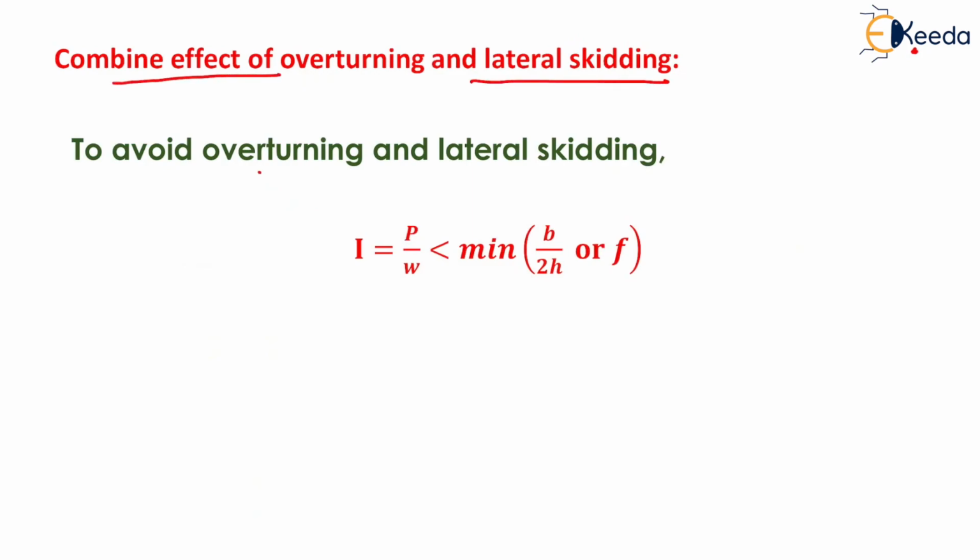To avoid overturning and lateral skidding, we derived the condition before, that is P by W should be less than B by 2H or small f, that is the coefficient of lateral friction. Now what will be the value of P by W? That is the minimum of B by 2H or small f.